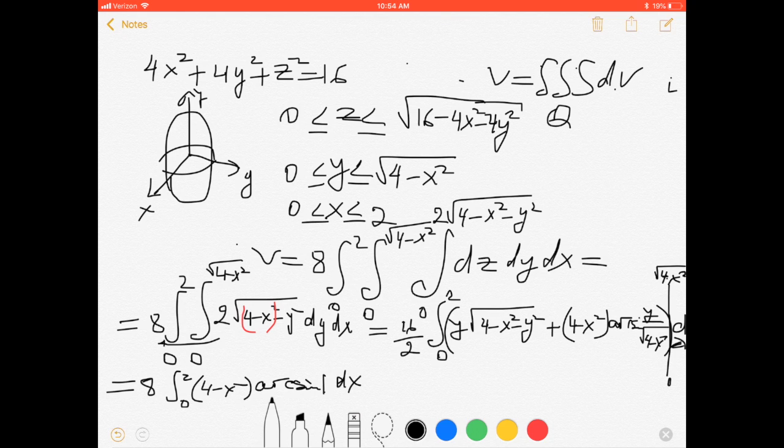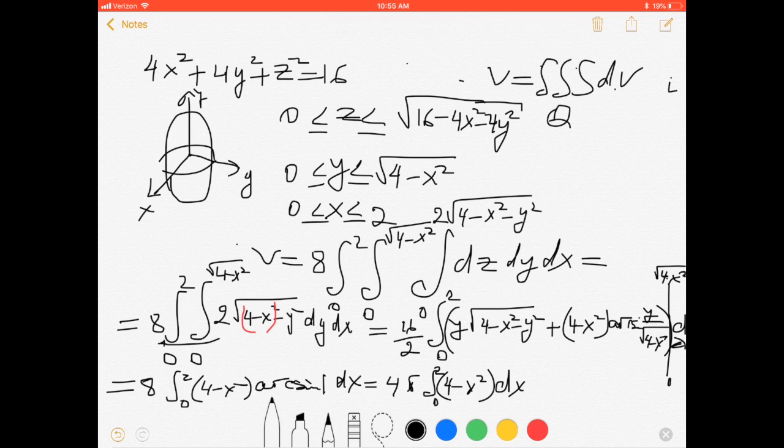And this is dx. How do you remember arcsine 1? It will be pi over 2. This means I have 4 pi integral of 4 minus x squared dx from 0 to 2.